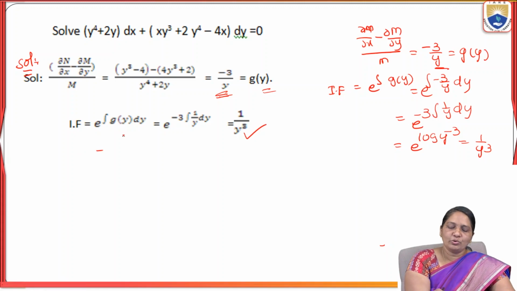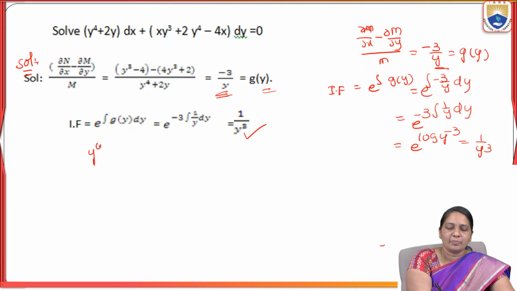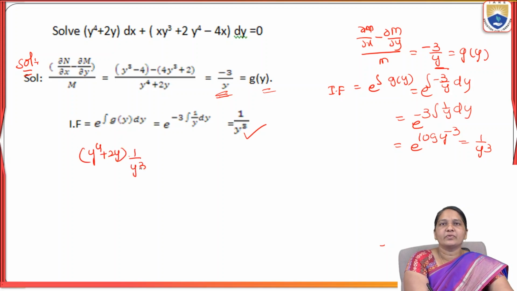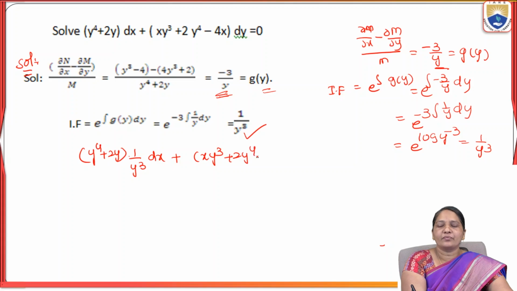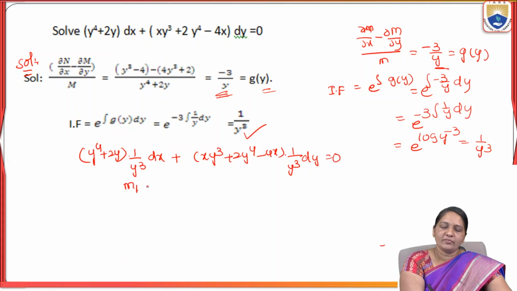Now I am going to multiply the given equation with the integrating factor. So (y⁴ + 2y) times 1/y³ dx plus (xy³ + 2y⁴ − 4x) times 1/y³ dy equals 0. Now this is an equation in the form M1 dx + N1 dy = 0.